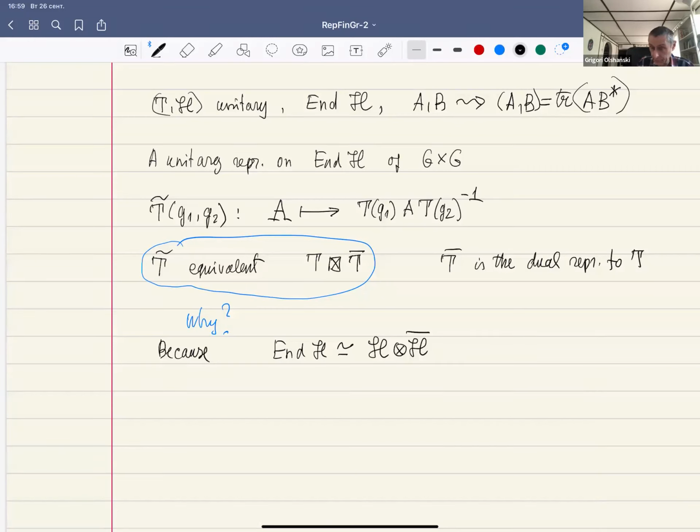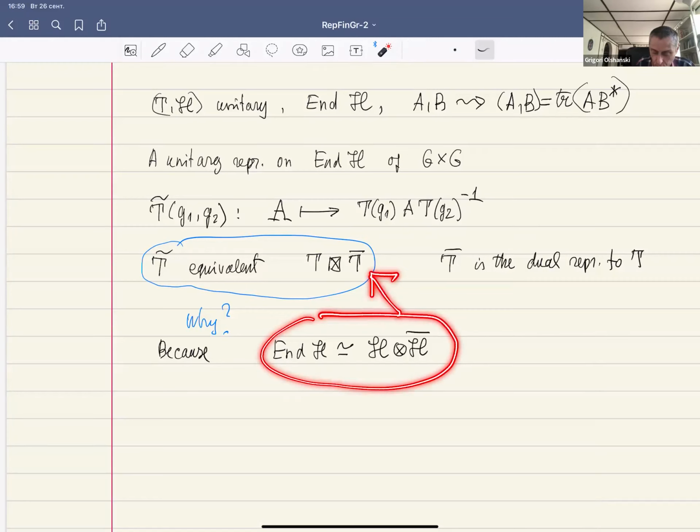But because we have a scalar product, we can identify the dual space with the initial space by changing the complex structure. And so from this identification, we get this claim. So please fix this claim. I will need it.